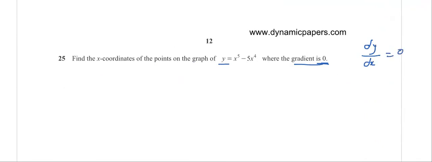It means that the gradient being 0 means the derivative is 0. So first find the derivative. It is given y is equal to x to the power 5 minus 5x to the power 4. So what we have to do here, first we need to get the derivative of that one.